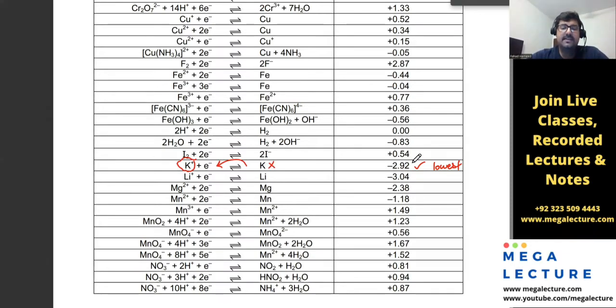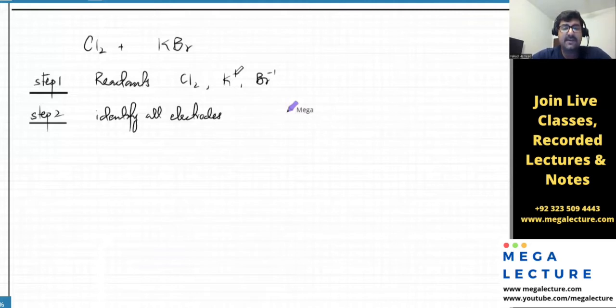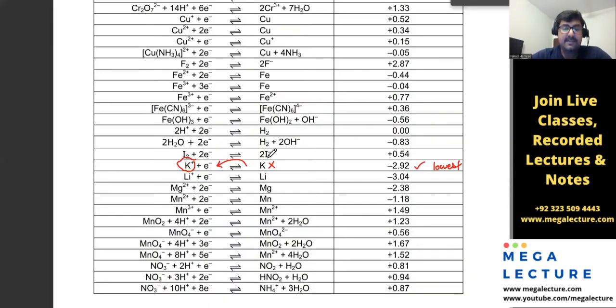If I choose this as the lowest, then potassium is the one that's going to lose electrons. But in my reactants I have potassium ions, not potassium. So I'm going to completely reject this equation. I'm just rejecting this as the lowest. It's not going to work.